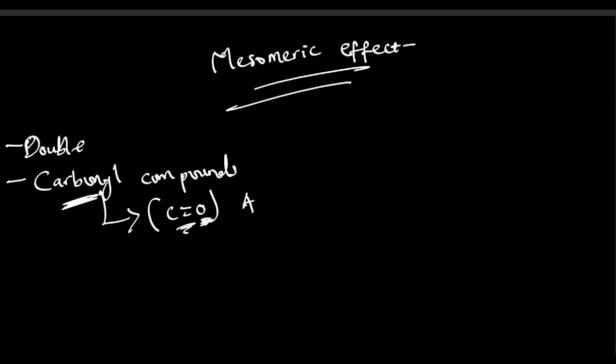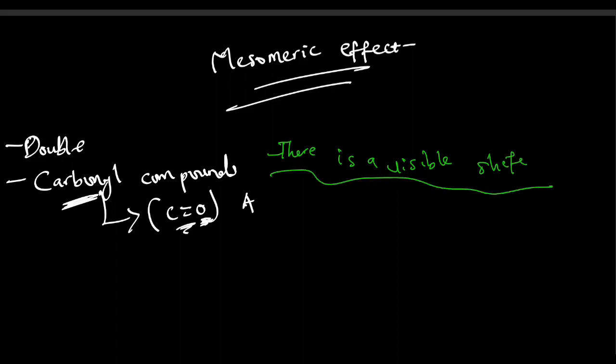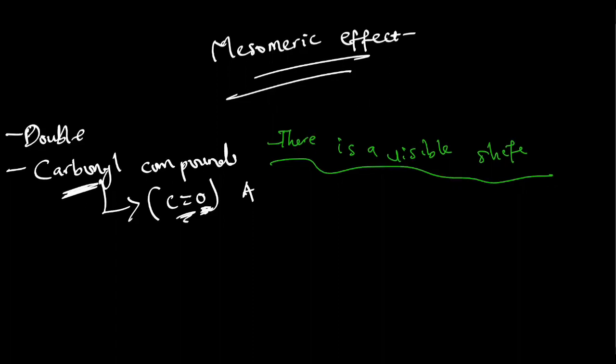But the difference is that there is no visible shift of electrons in the inductive effect, but there is a visible shift in the mesomeric effect, and it is due to the pi electrons. Please take note of it.